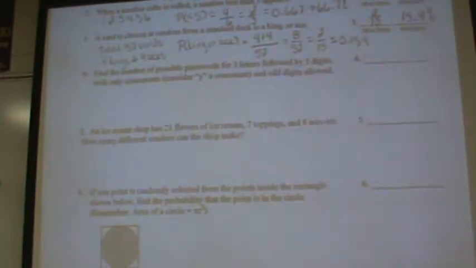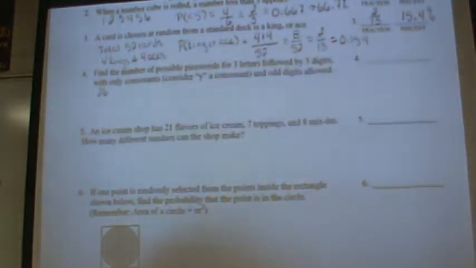Now for number 4. It says find the number of possible passwords for 3 letters followed by 3 digits with only consonants and odd digits. So before we were using the whole alphabet and we were using all of the digits. Now it wants us to only use consonants and odd digits. So to find the number of consonants, we know that there are 26 letters in the alphabet.